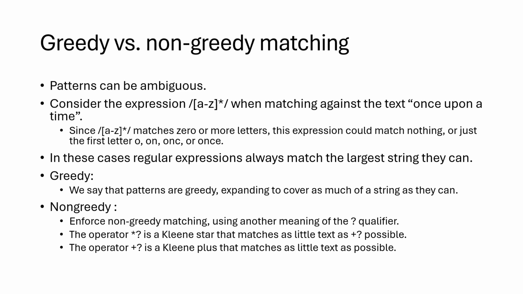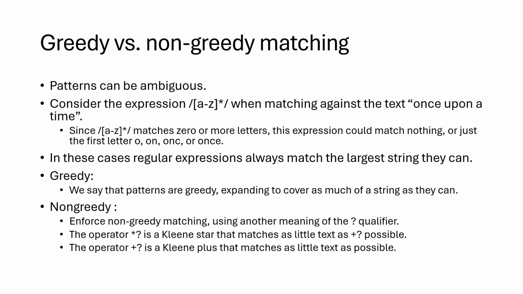So this specifies zero or more letters in a string. In this example, the first word once has a single letter O at the start, so this will be matched, or ON, or ONC, or ONCE, all these. So this specifies zero or more letters while matching.